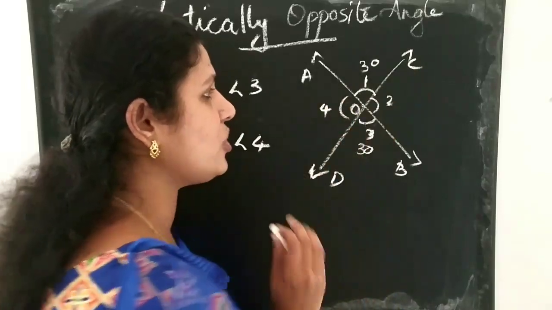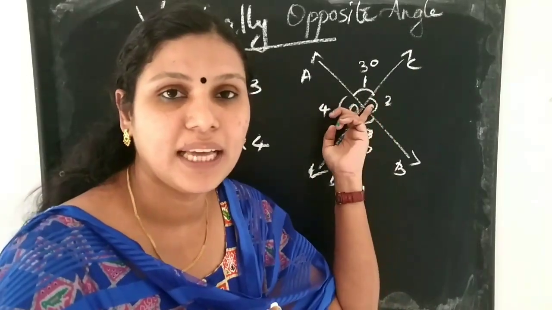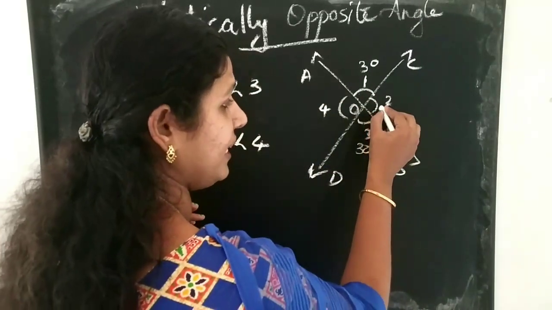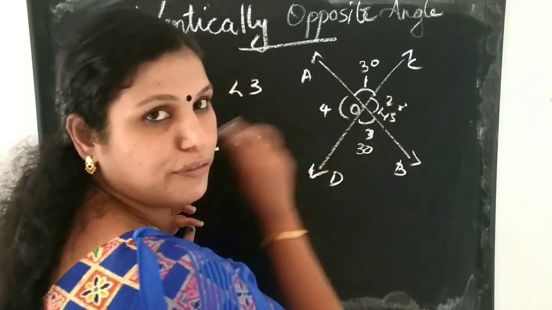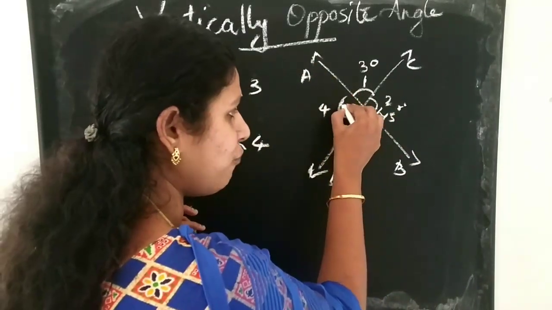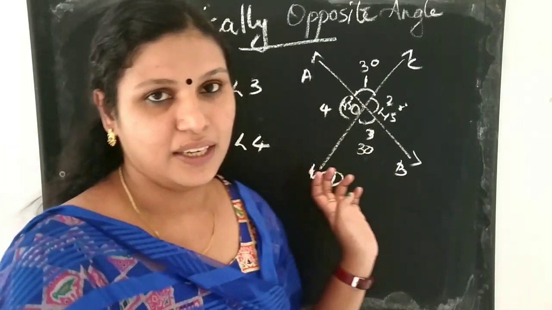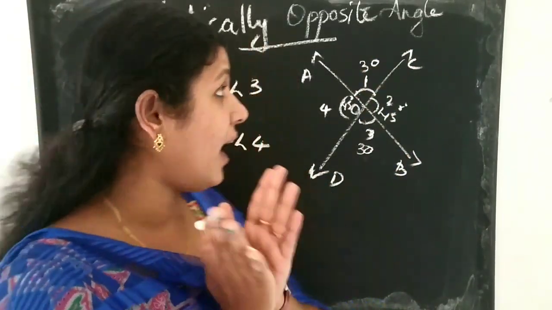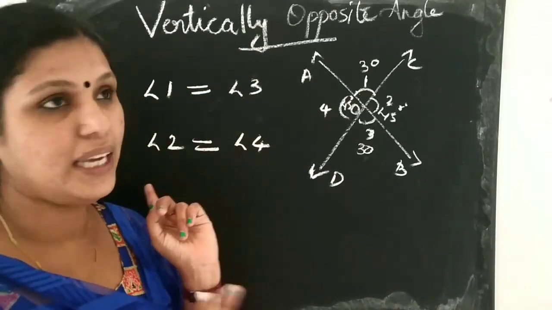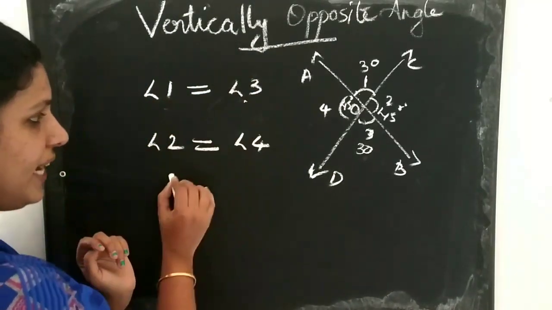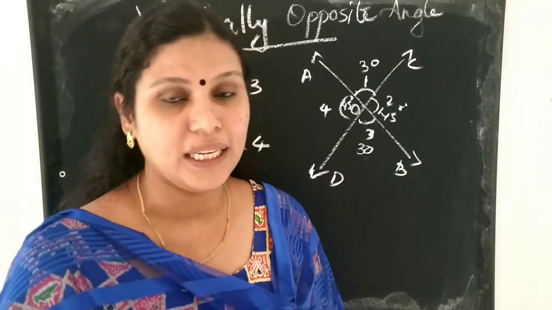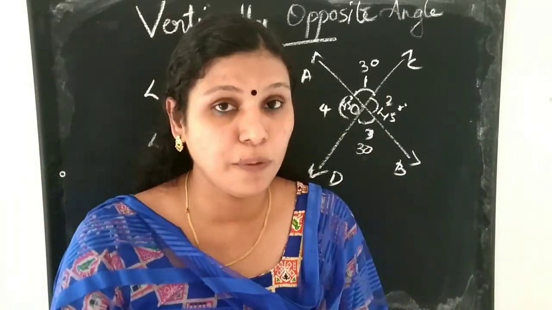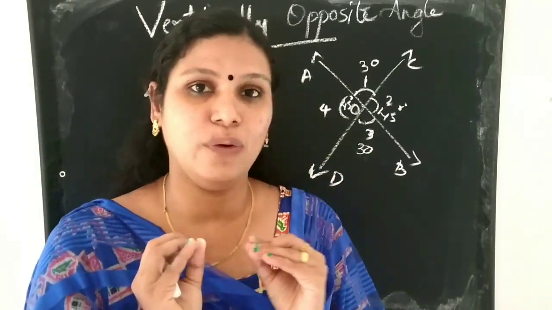If angle 2 is 45 degrees, then angle 4 is also 45 degrees. Vertically opposite angles are equal.